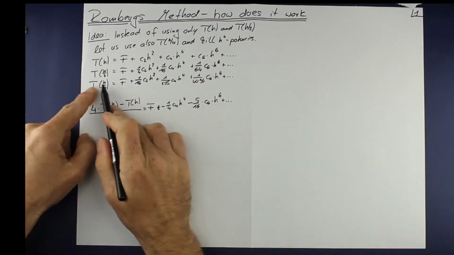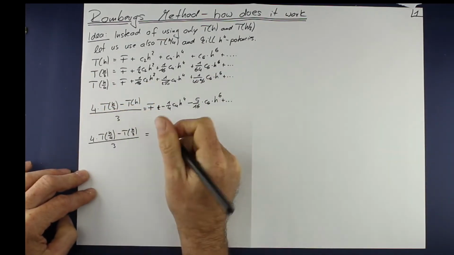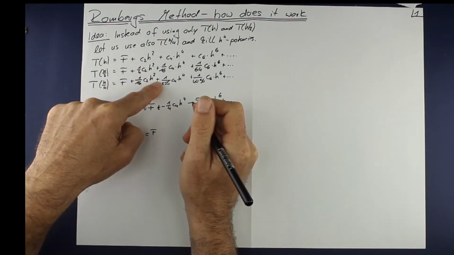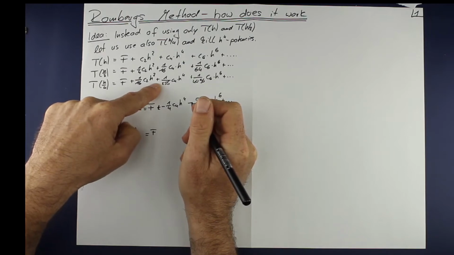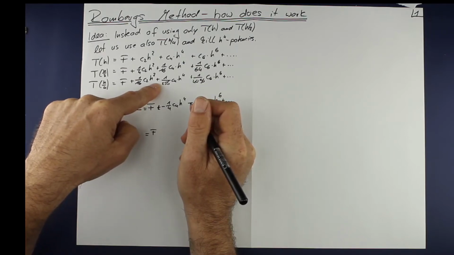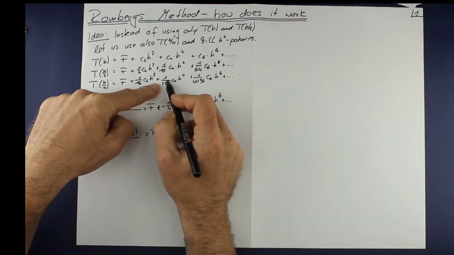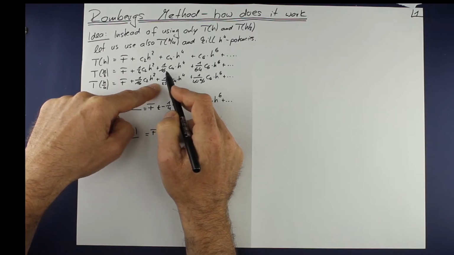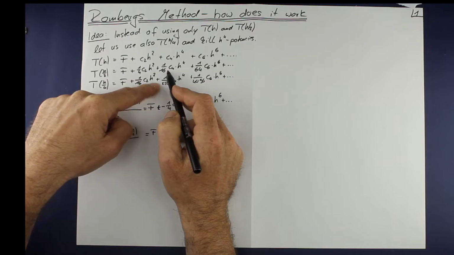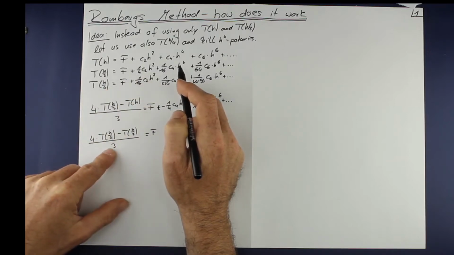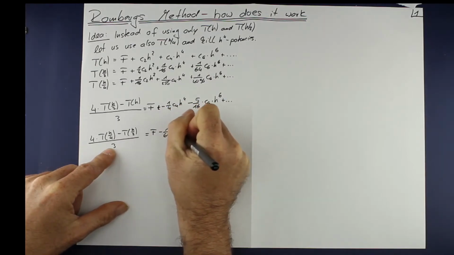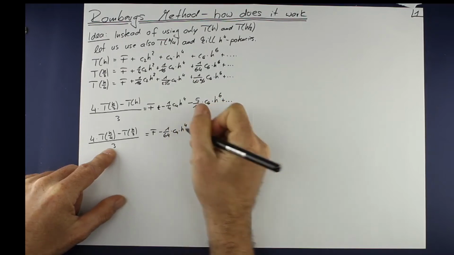And now let's do the same here. What do we get? An f, that cancels. Then 4 times that is 1 divided by 64, minus 4 divided by 64 is minus 3 divided by 64, and then let's divide by 3. That's a minus 1 divided by 64 times C4 times h to the fourth power.